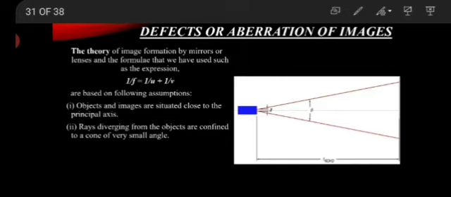In the same case, when we consider the mirror or lenses or the diverging ones, where the ray of light gets diverged, if this angle is small, it is valid for the ideal case, and if this angle is large, then there arise some defects or aberrations.